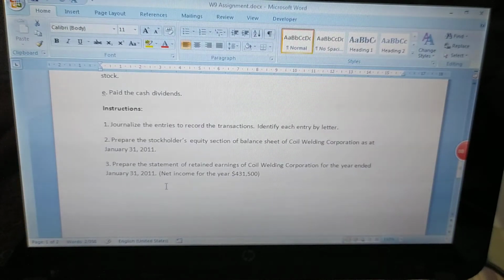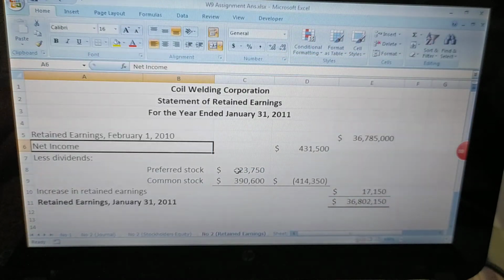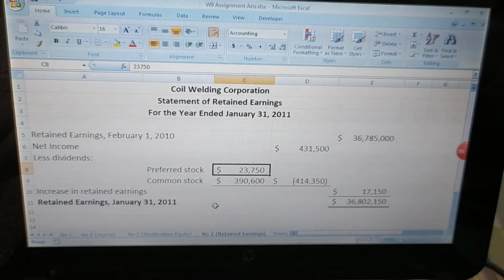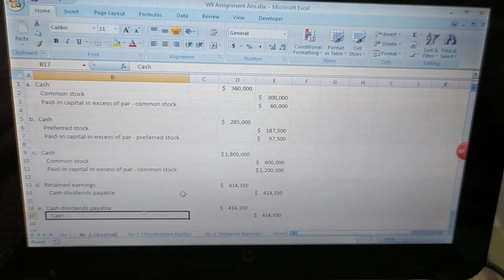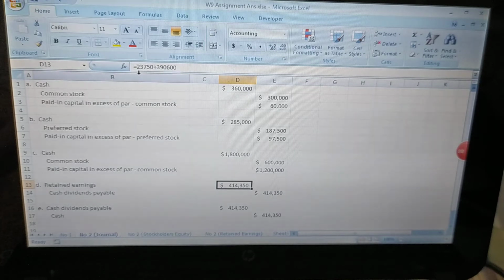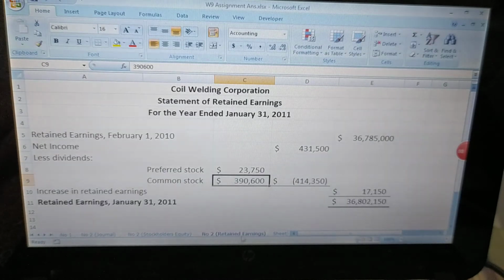It is in the question already. And then we minus the dividends that we calculated in the journal entries. So the preferred stock is 23,750. For the common stock, it is 390,600. So in total is 414,350.